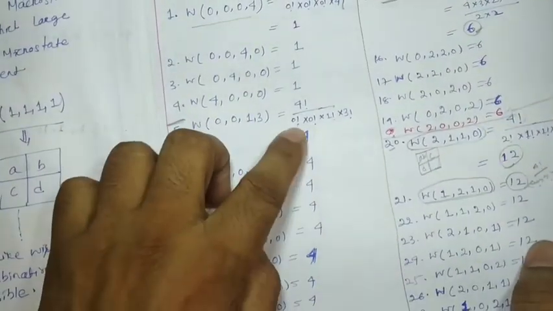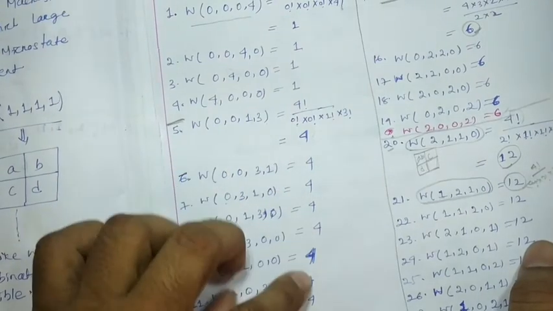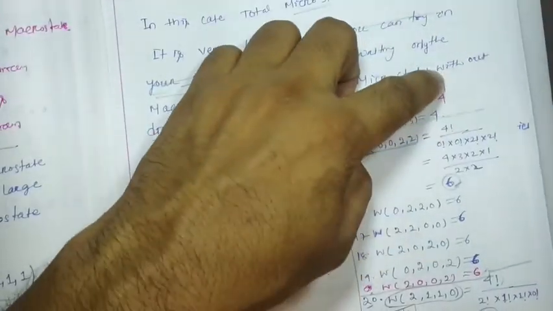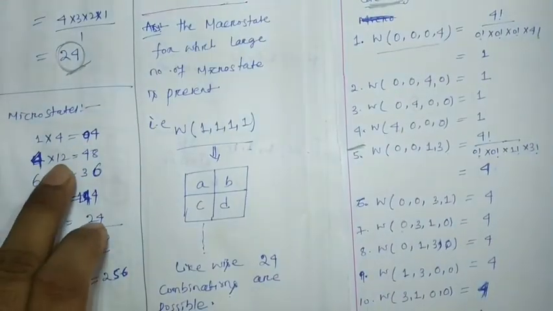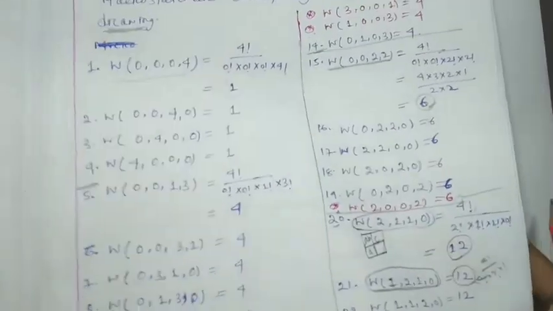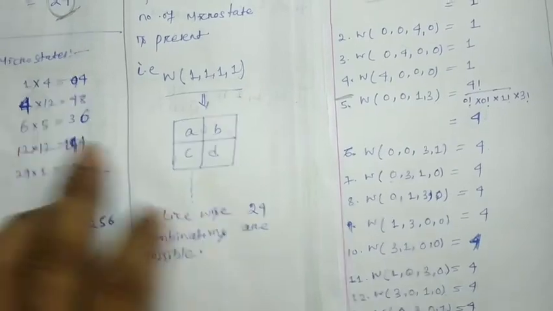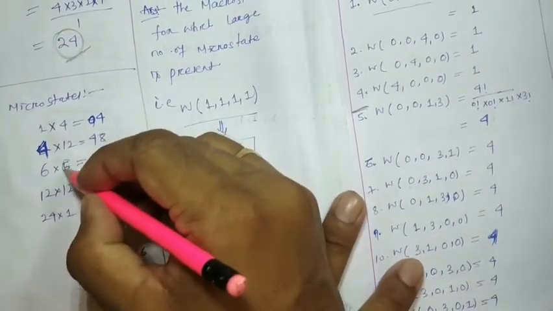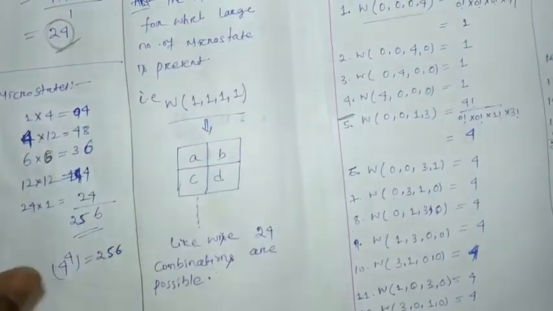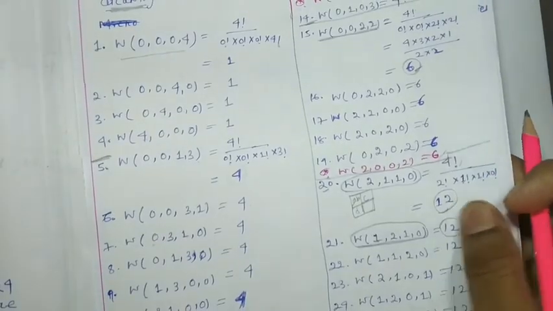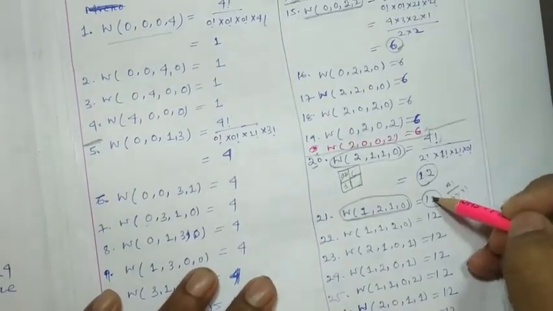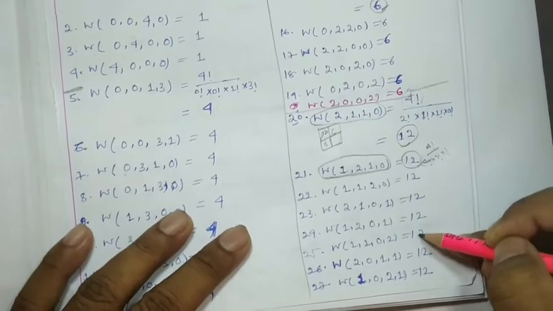Then here 1, 2, 3, 4, 5, 6, 7, 8, 9, 10, 11, 12: 12 fours are there, so 4 into 12 is equal to 48. How many 6s are there? 1, 2, 3, 4, 5, 6: six sixes, so 6 into 6 equal to 36. Then 12s are there: 1, 2, 3, 4, 5, 6, 7, 8.